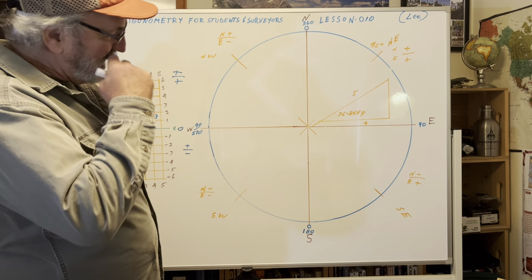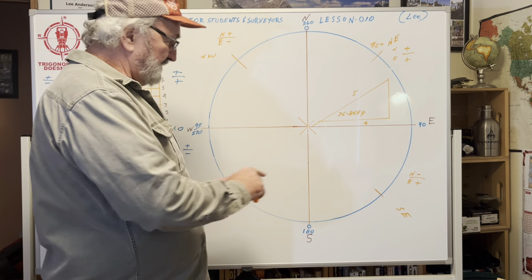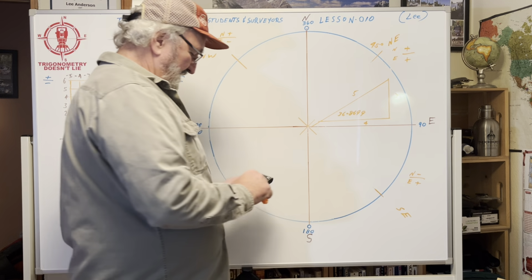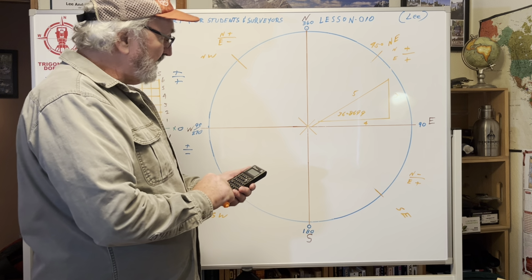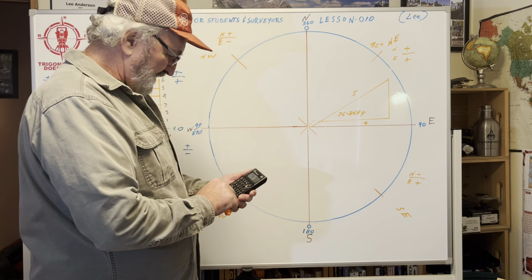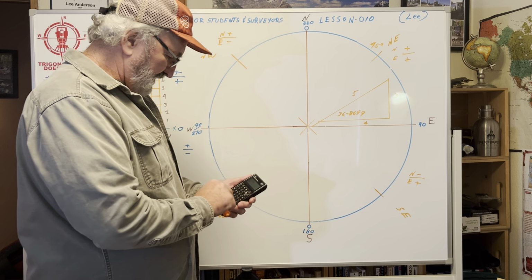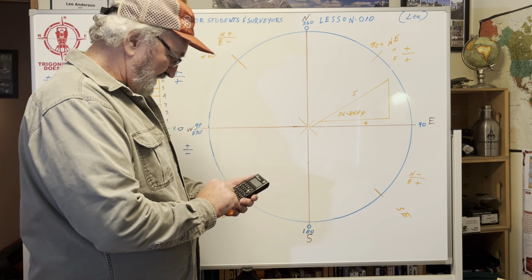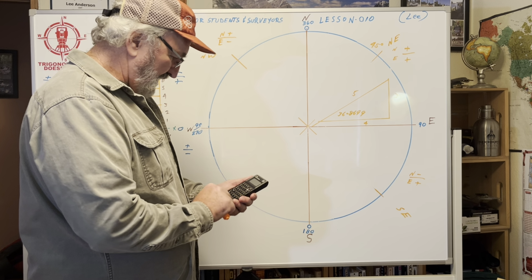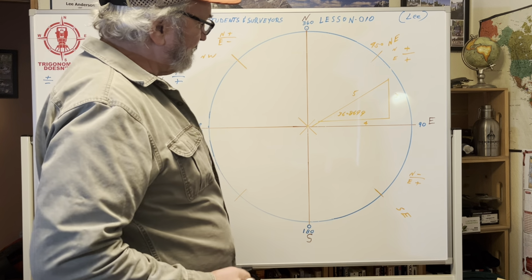So two ways to do that. We go 90, enter, that's our 90 degrees, and then minus 36.8699, that's 53.1301. So that's the difference.